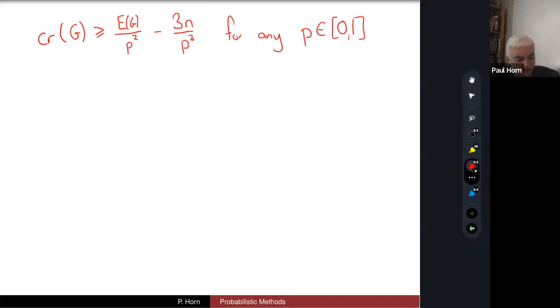So if the number of edges of G is at least 4 times n, just a little bit bigger than 3 times n, I can take this p to be 4n over the number of edges.